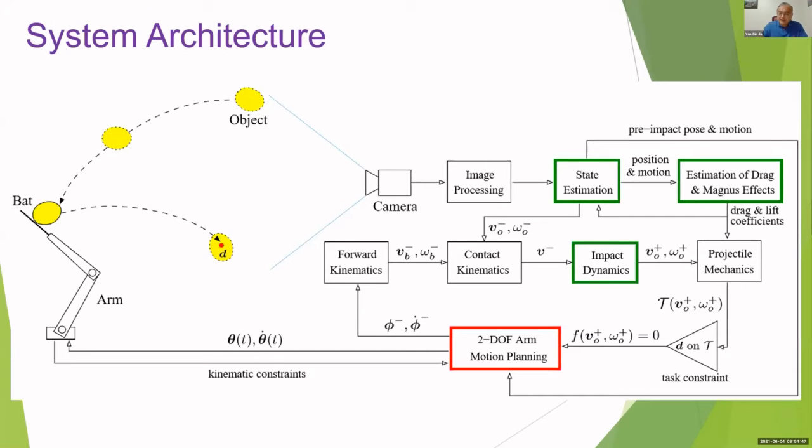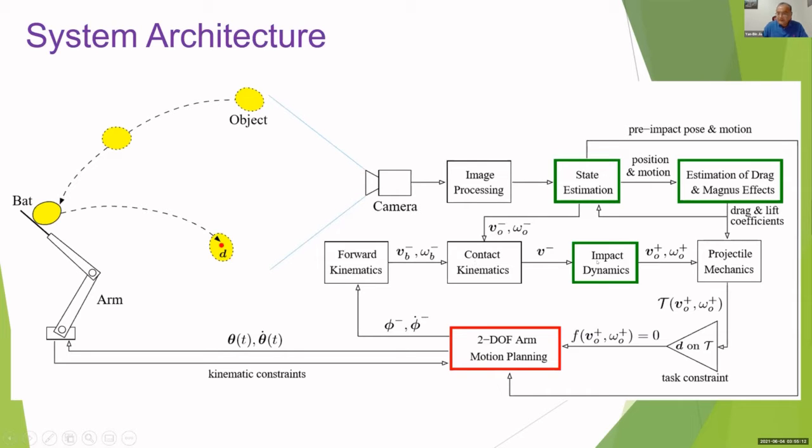What lies in the center here is the impact dynamics, okay? So the arm has to move right away, otherwise there's no time. As soon as the object takes off, the arm has to start moving and try to anticipate a time, but that is actually changing. So the pose of the arm is dynamically changing. And then it meets the object.